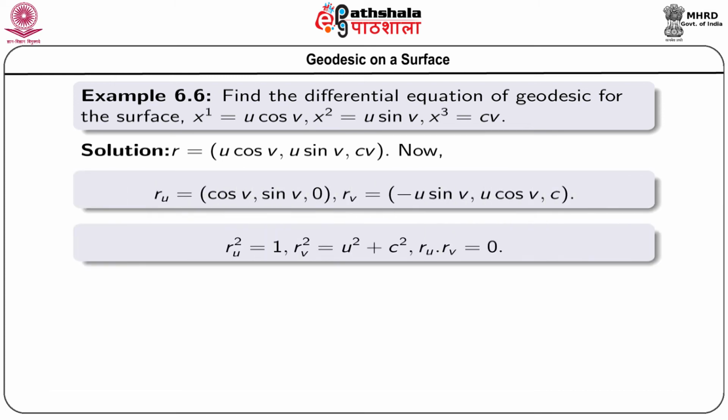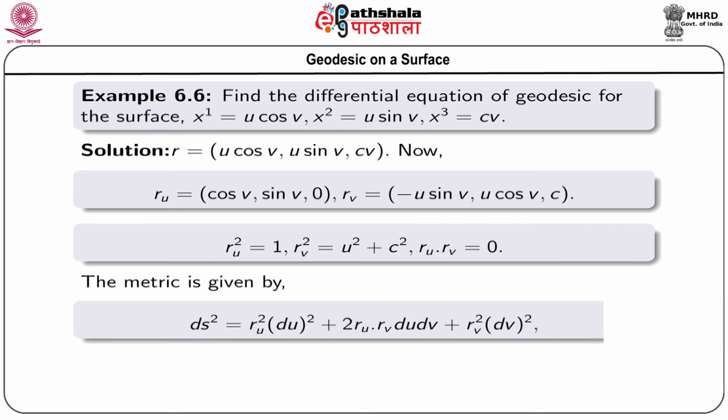So, r_u, that is the partial derivative of r with respect to u, is (cos v, sin v, 0), and r_v is (minus u sin v, u cos v, c). So, r_u squared is 1, that means r_u dot r_u, r_v squared is u square plus c square, and r_u dot r_v is equal to 0.